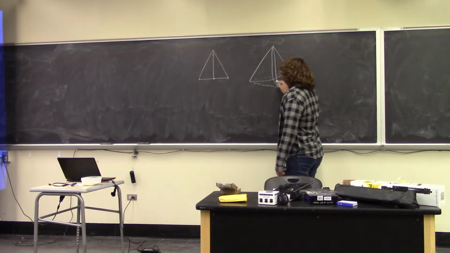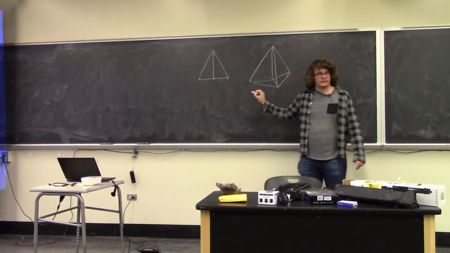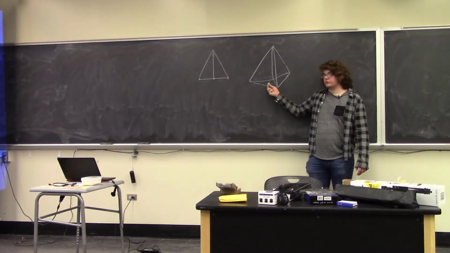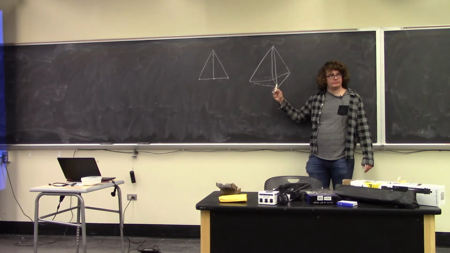And this gives us 3 different tetrahedra, right? And then each of the 3 has a boundary face.